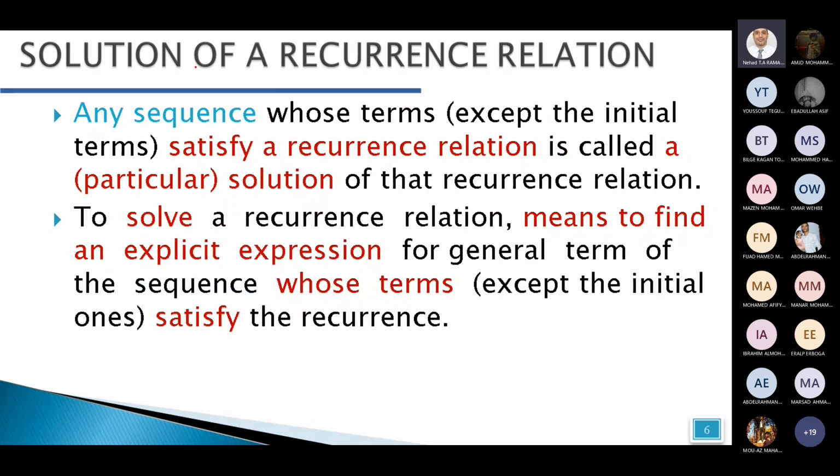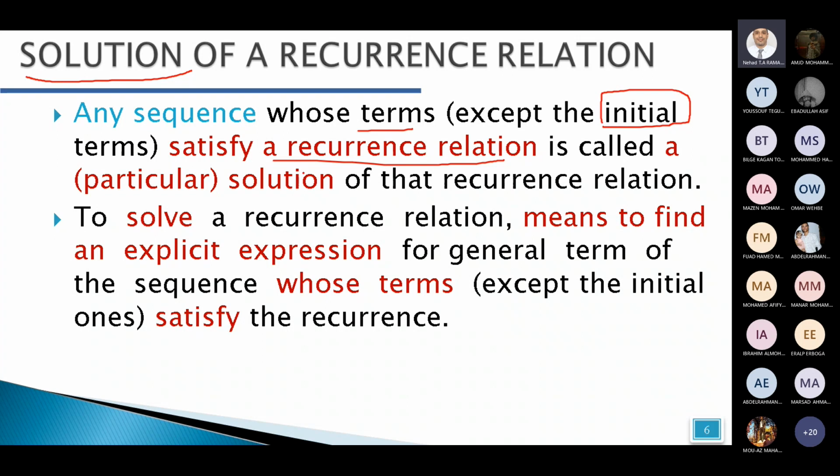The solution could be more than one solution for the recurrence relation. Any sequence whose terms, except the initial term, satisfy the recurrence relation. Why except the initial term?